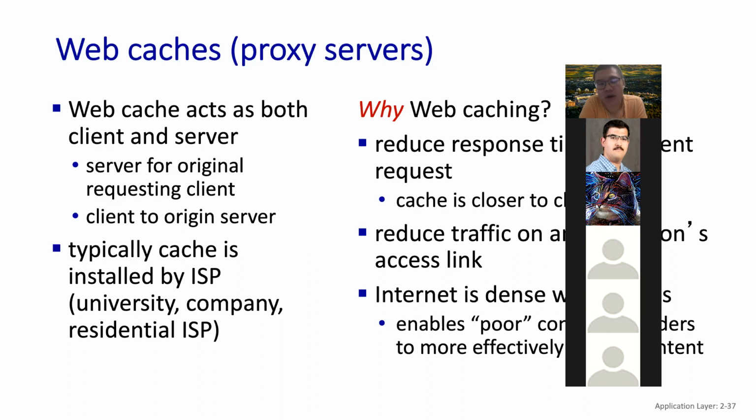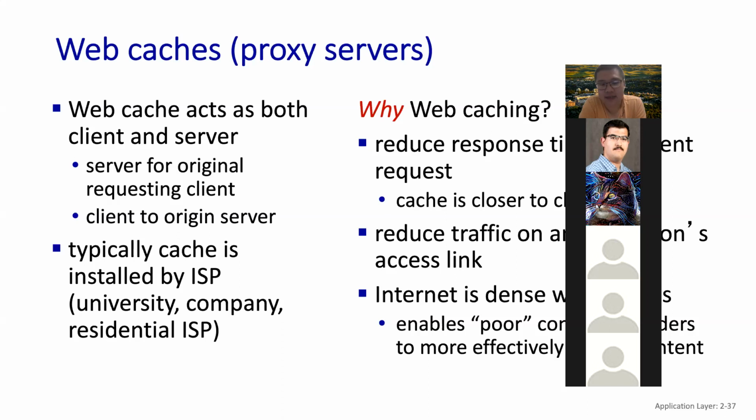So why do we use web caching? As I mentioned, it will reduce the response time for the client request, right? The cache is closer to the client, it's regional or local. And it can also reduce traffic on the institution's access link. Of course, you don't need to send all the requests outside, right? Some requests are solved locally, so the main traffic on the institution's access link could be relieved.